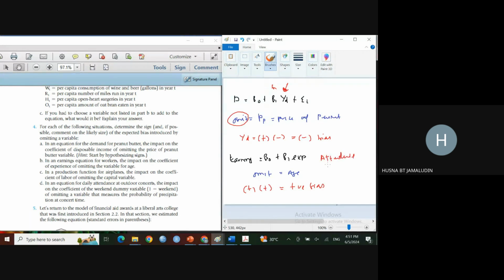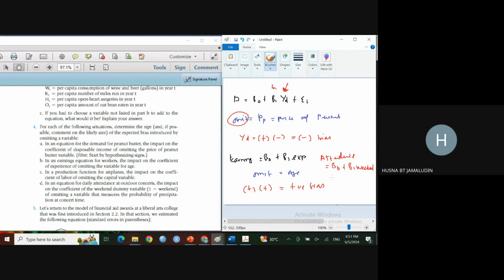Attendance is a function of beta naught, and then you have beta 1, which is weekend. So weekend is just like a dummy variable. 1 is weekend, meaning that they are conducting the concert during the weekend, and 0 otherwise.